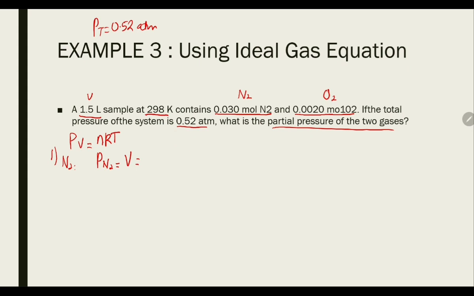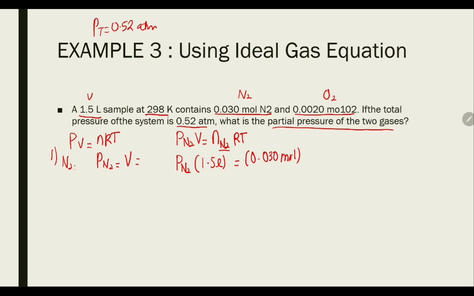P N2 V equals n N2 RT. So P N2 is what we're going to find out. V is the volume of the sample or volume of the system, which is 1.5 liters. n stands for number of moles, and I already mentioned here it is for nitrogen gas, so it's 0.030 mole.